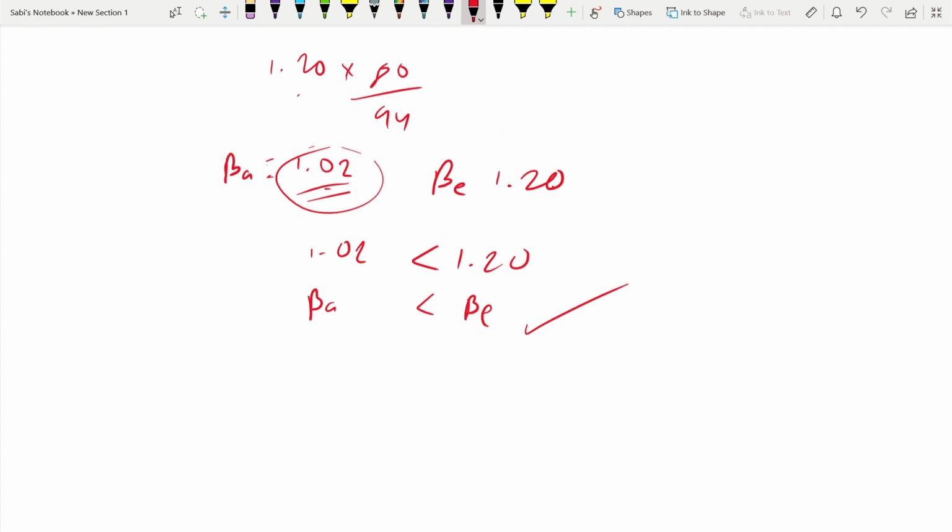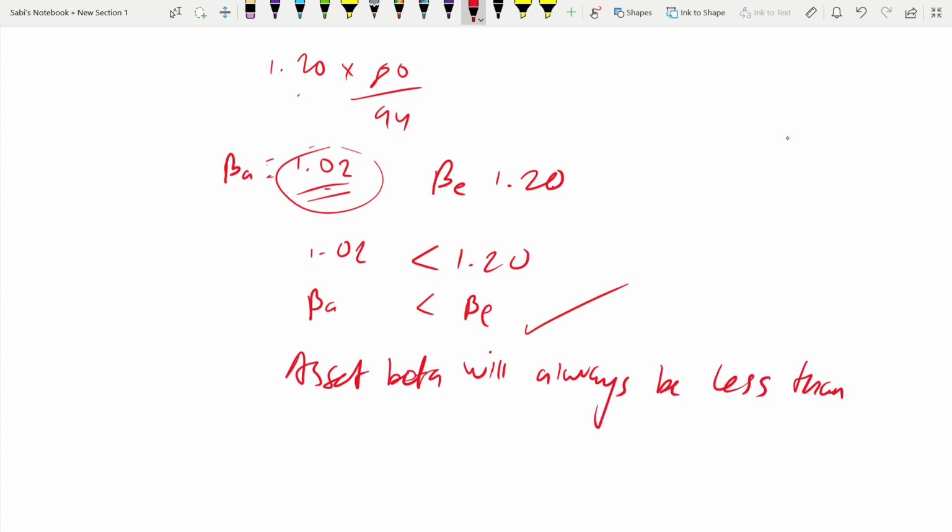Asset beta will always be less than equity beta, or the other way, equity beta will be more than asset beta. Write this with a star mark.